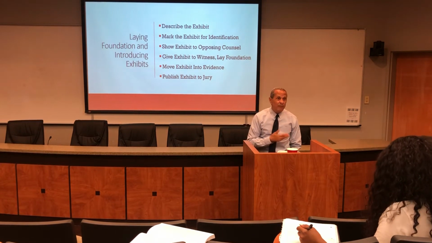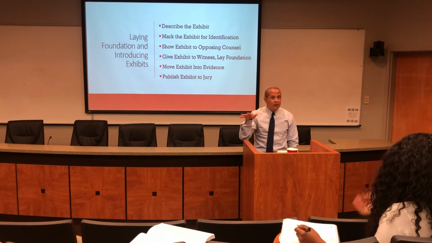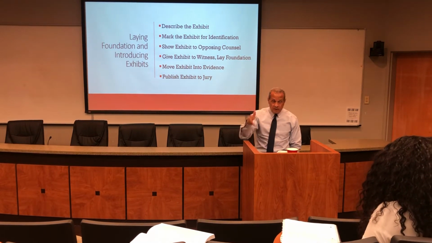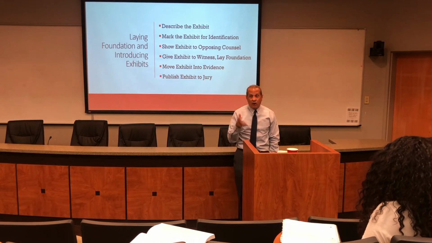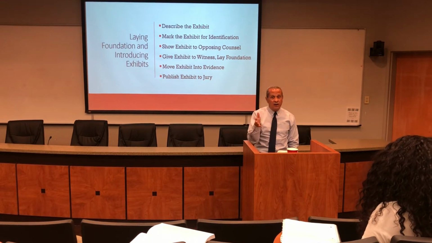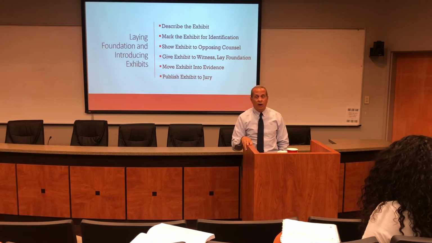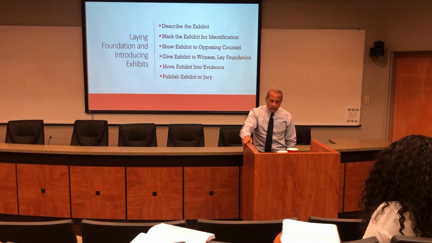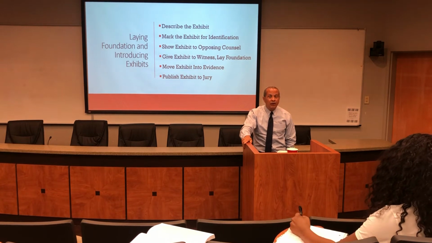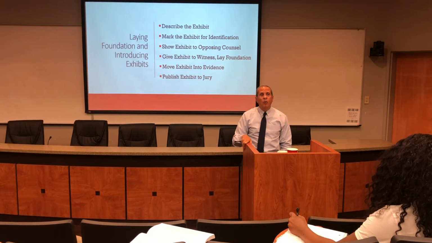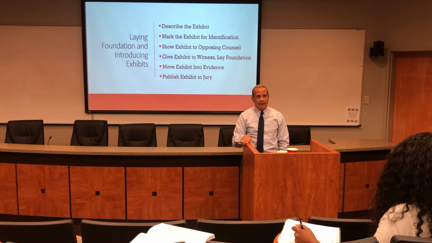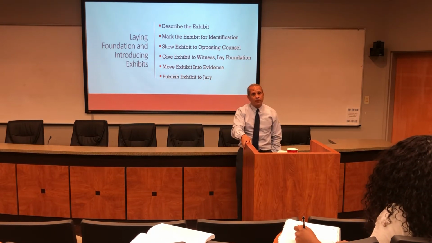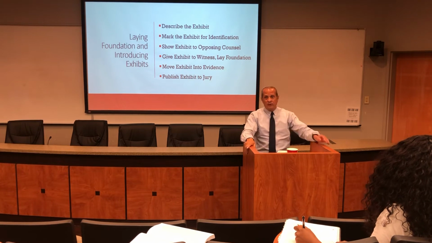Now, you're not going to win every battle. Some are going to be close calls, and you're going to lose some. And you have to be prepared to alter your litigation strategy if that happens. Offer of proof, a proffer, may be one way to deal with it. Or you may just have to live without it. But you will know what will be contested, and usually the basis for the opposition from the other side.